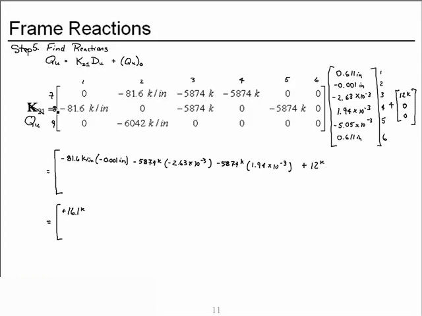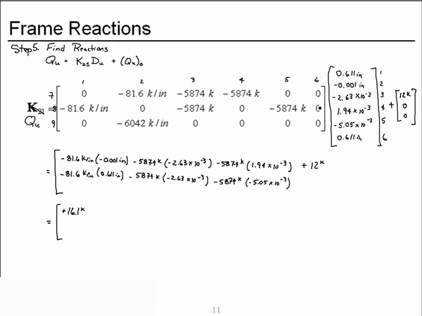Now degree of freedom 8. This term times this deformation inches, and we have 0 times this deformation, and we have the minus 5874 kips times this deformation, degree of freedom 3, plus a 0 times deformation degree of freedom 4, minus 5874 kips times deformation at degree of freedom 5, which is a negative 5.05 times 10 to the minus third.